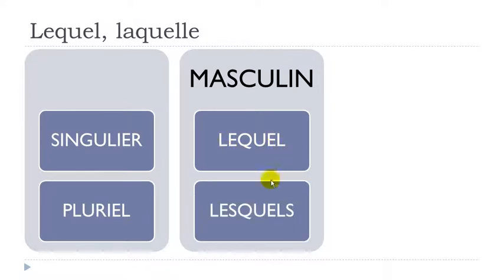Then for the plural form, you will add this S here and then S at the end, okay? And it will give you the pronunciation lesquels, all right? So the final S is not pronounced. So here, when you've got this L-E-S, it's just like the article, if you remember, les, okay? So it goes like lesquels, all right?